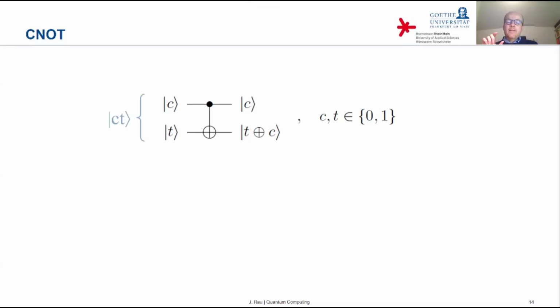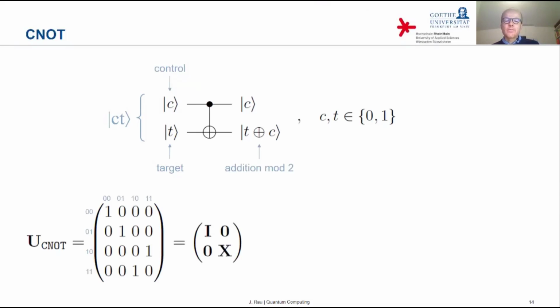When you write the state of the 2 qubits in 2-qubit Hilbert space, then that's CT, so that the upper qubit is the first qubit in the ket, and the lower qubit, the target qubit, is the second qubit in the ket. We talked about control and target and the addition mod 2.